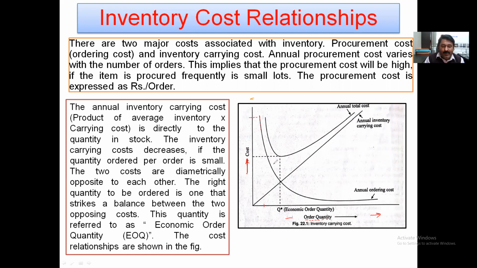If you go on increasing the quantity, as the quantity increases, the ordering cost decreases. Again the quantity increases, the ordering cost decreases. And finally, at the maximum quantity, you can see the ordering cost is approximately minimum, very little cost.